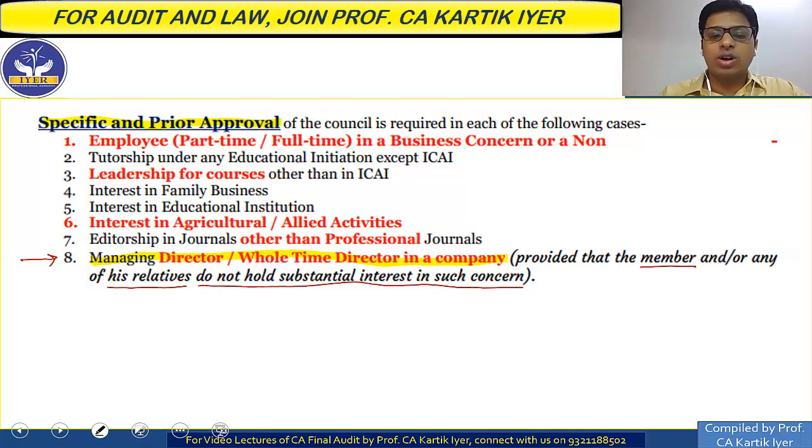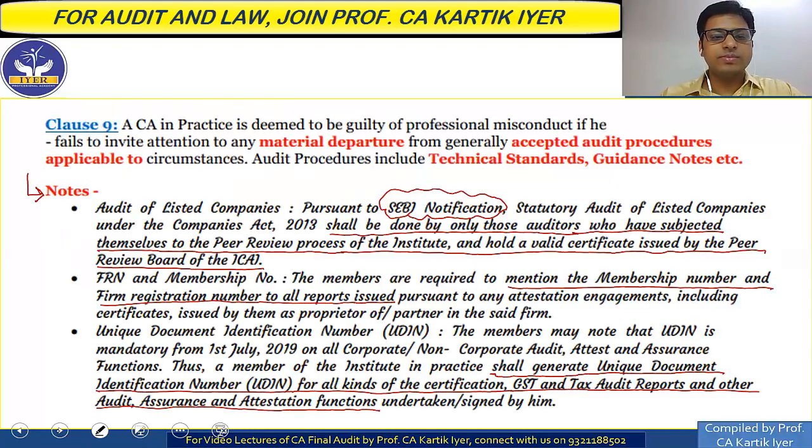What they have said is they can do, provided that a member and or any of his relatives do not hold substantial interest in such concern. They should not have substantial interest in the company in which I'm going to become the managing director or the whole-time director. That is, we are talking about the CA in practice. Relatives should not hold substantial interest in such concern where he's planning to become the managing director or the whole-time director. Okay, so that point is covered here.